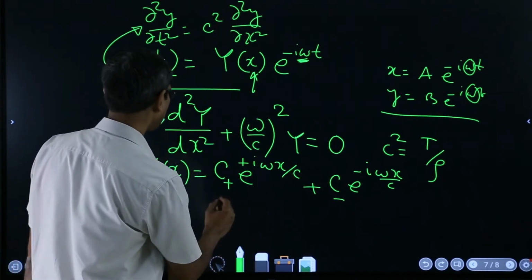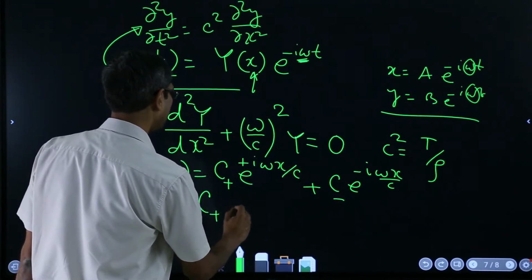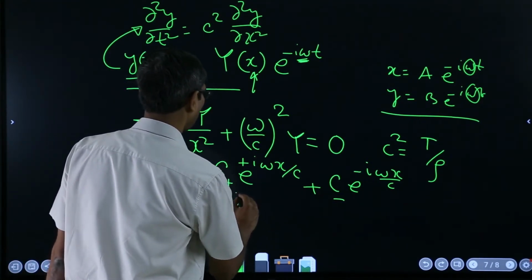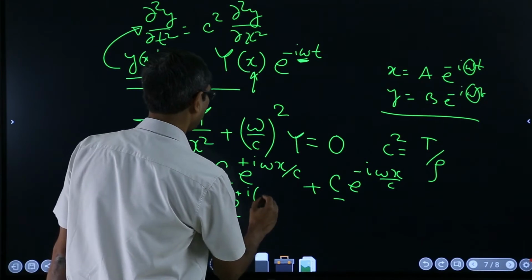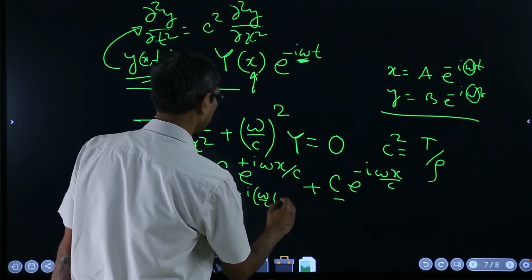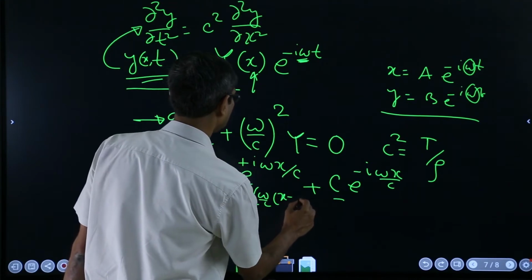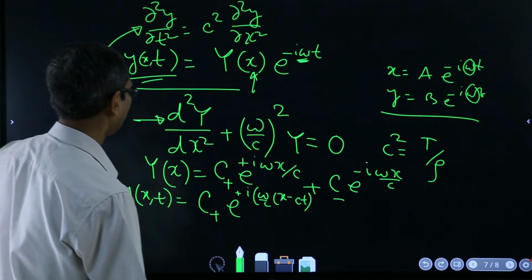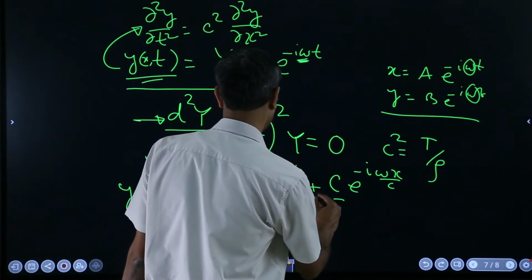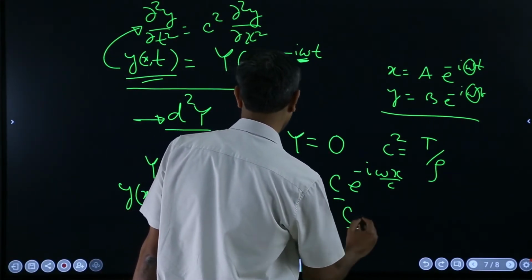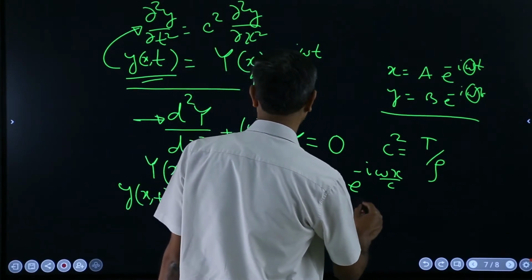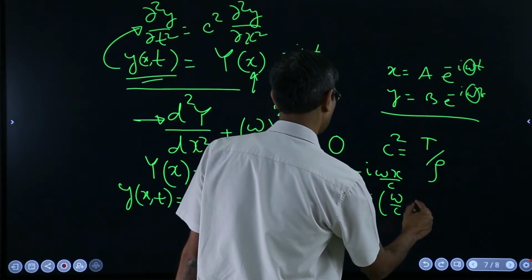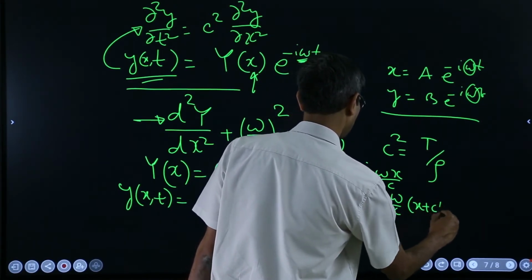So you can also write C plus e raised to plus i omega over c (x minus ct), plus C minus e raised to minus i omega over c (x plus ct).